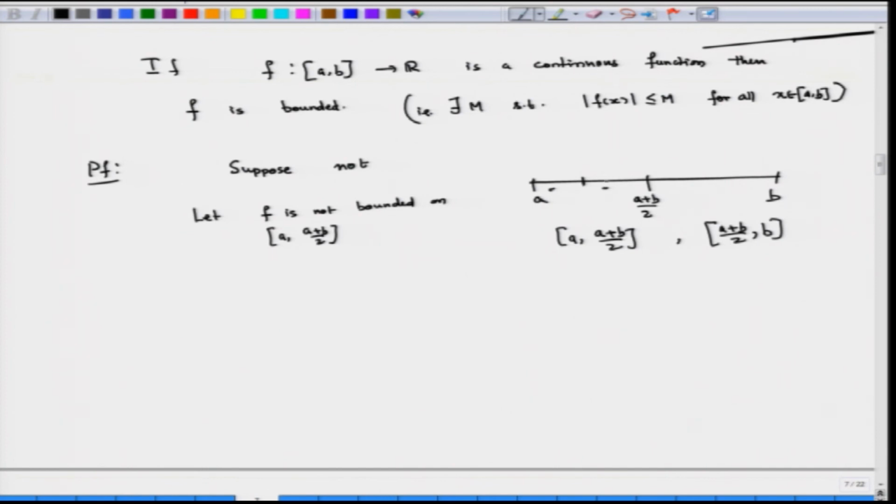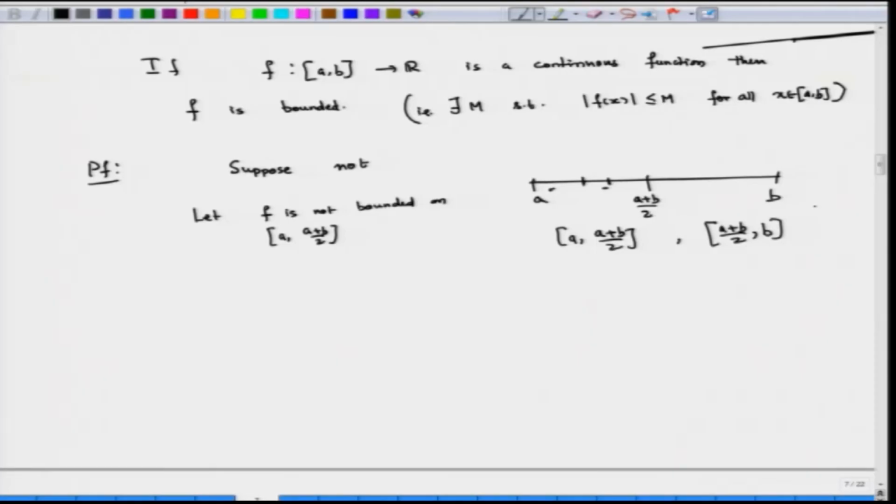Suppose it is not bounded here, then again I divide it. Either f is not bounded here or in the other interval. So, in one of these two sub intervals f is not bounded. I continue this process.